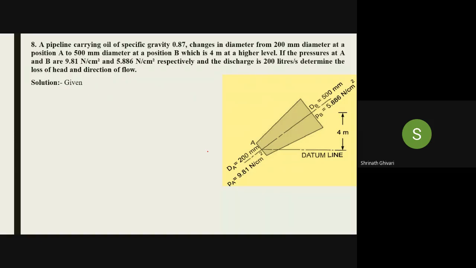Can anyone tell me the conversion for pressure to Newton per meter square? What do we have to do? How to convert 9.81 Newton per centimeter square to Newton per meter square?